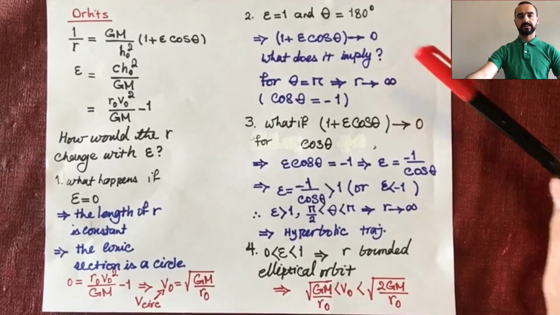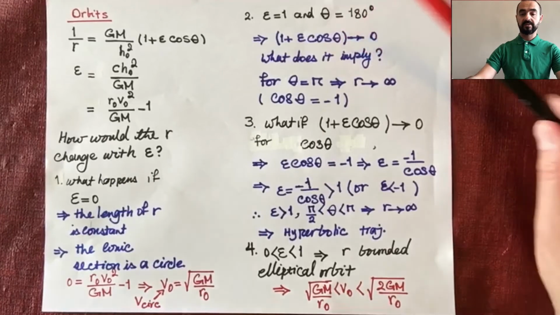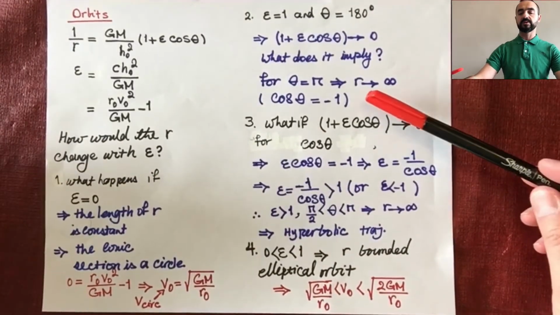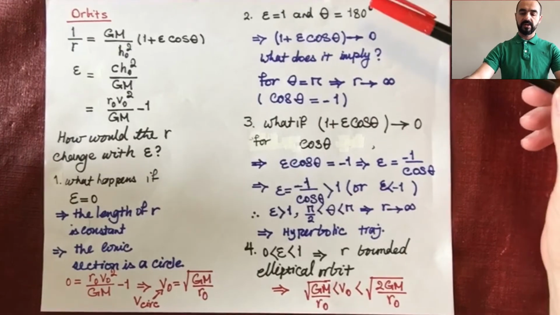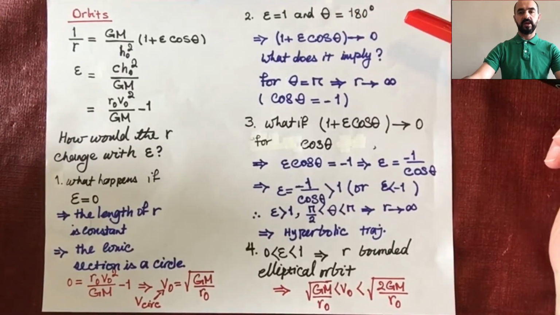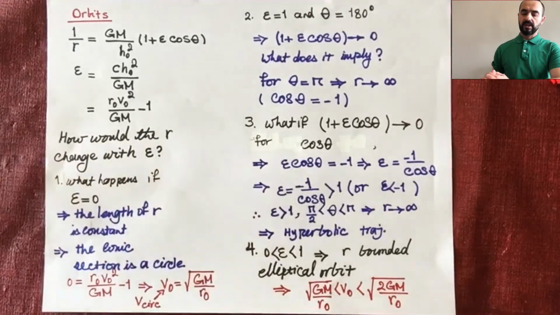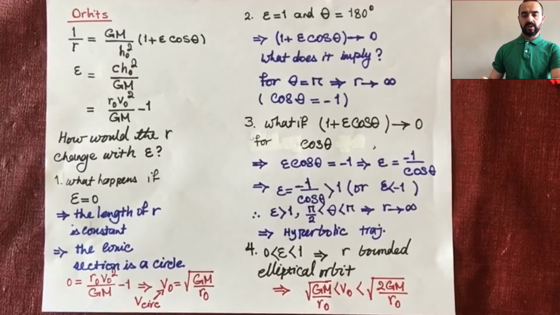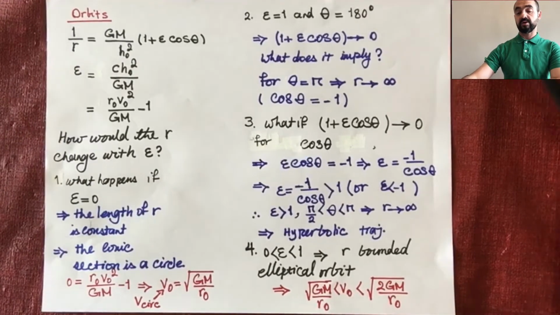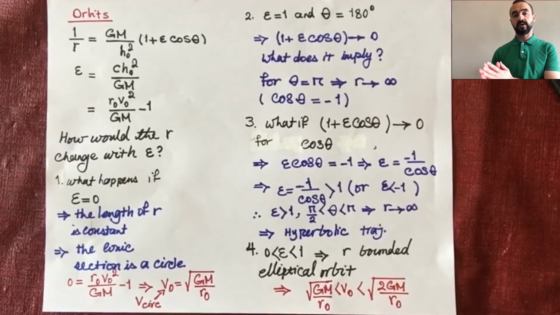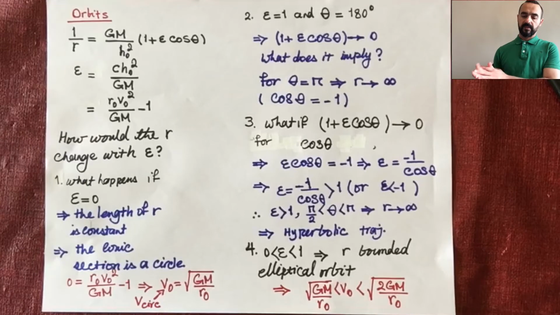So for this case, r is not a definite number anymore, it's an infinite number. So the orbit is not a closed orbit anymore.